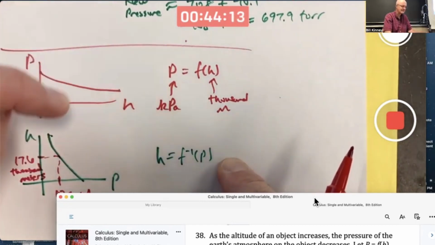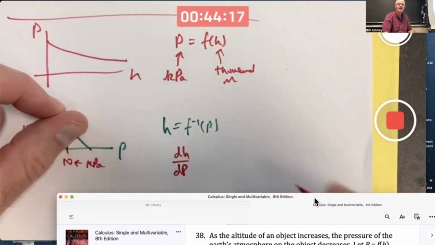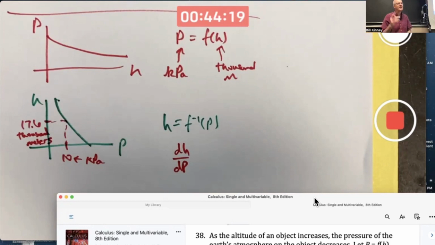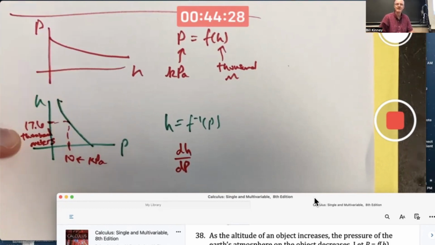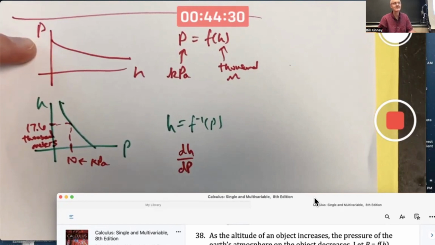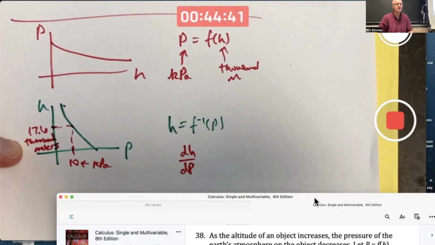That derivative fact is a rate of change of H with respect to P. Another thing confusing here is it makes more sense to think of pressure as depending on height than height depending on pressure. Right? Doesn't this one make more sense? As you go higher, the pressure goes down. It doesn't make much sense to say, as the pressure goes up, the height goes down, though it's still true on average.